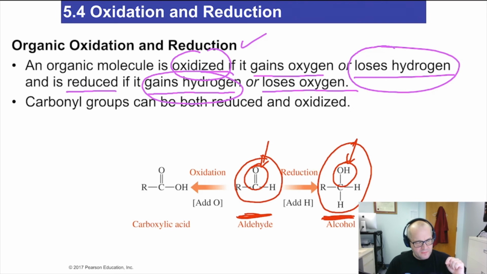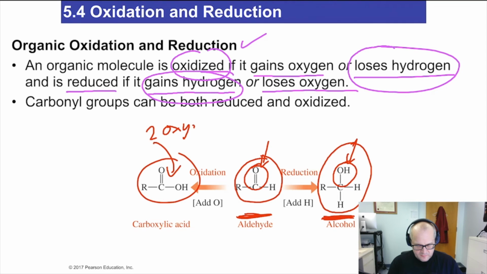So if you have 2 bonds to oxygen and you all of a sudden have 1 bond to oxygen, you're reduced. Here, we have 2 oxygens, so that's obviously an oxidation, but if you want to look at it a different way, there are 3 bonds to oxygen as well.